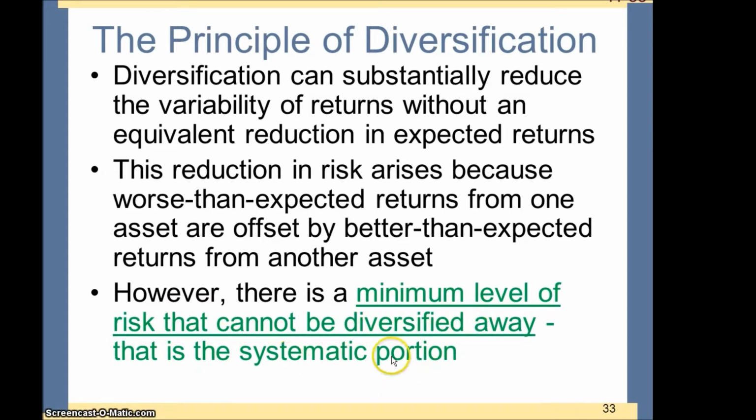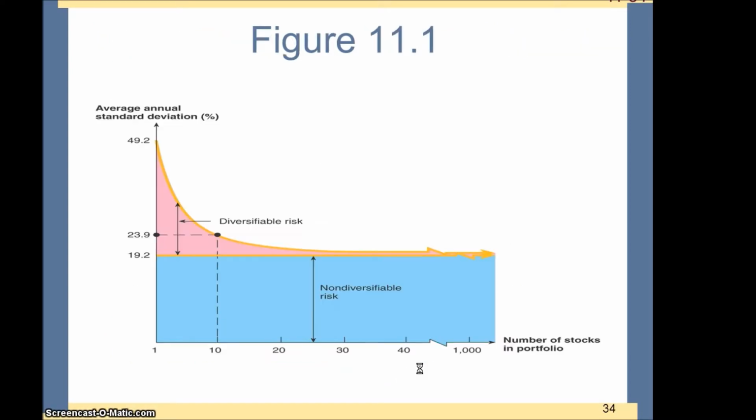It is the systematic portion, systematic risk. Systematic risk is undiversifiable, so there's no way for you to diversify away this risk. Why? Because market risk will affect all stocks in the market. So you have no way to diversify. It's the same regardless of the number of stocks in your portfolio.